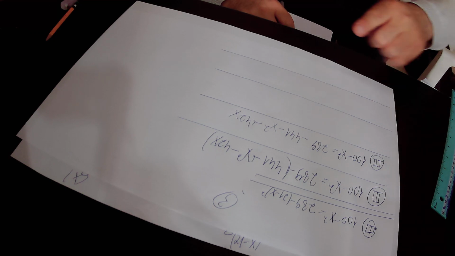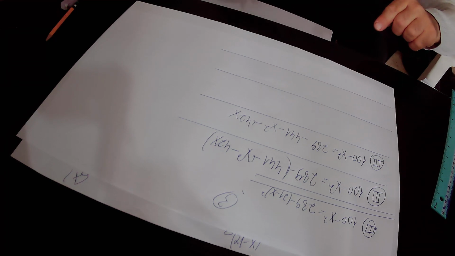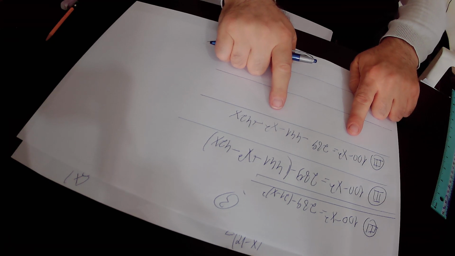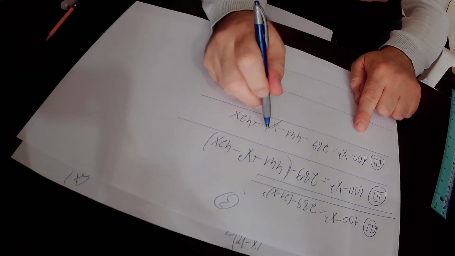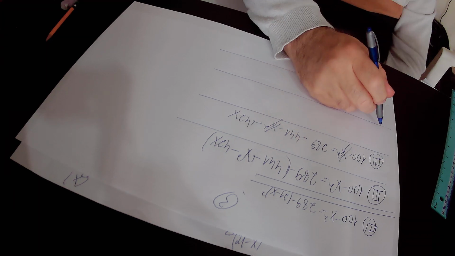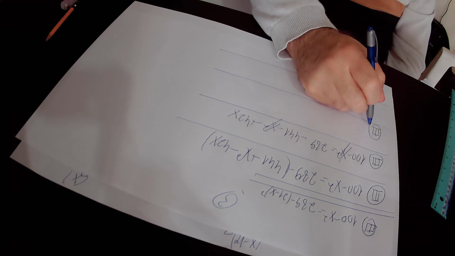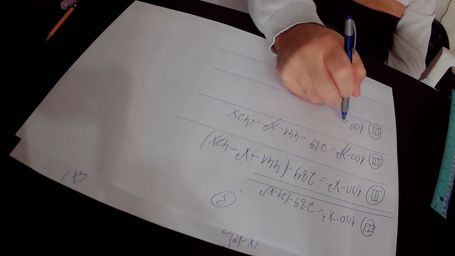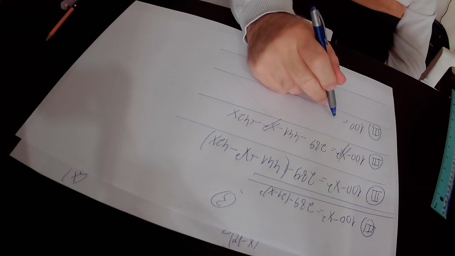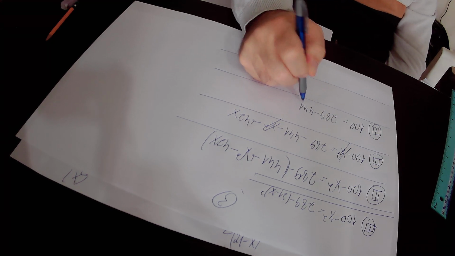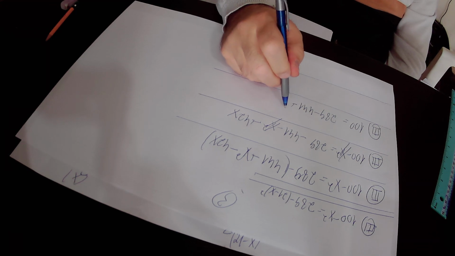Here we have minus x squared on both sides of equation 3, so minus x squared cancels. On one side we are left with only 100, and on the other side we have 289 minus 441 plus 42x.